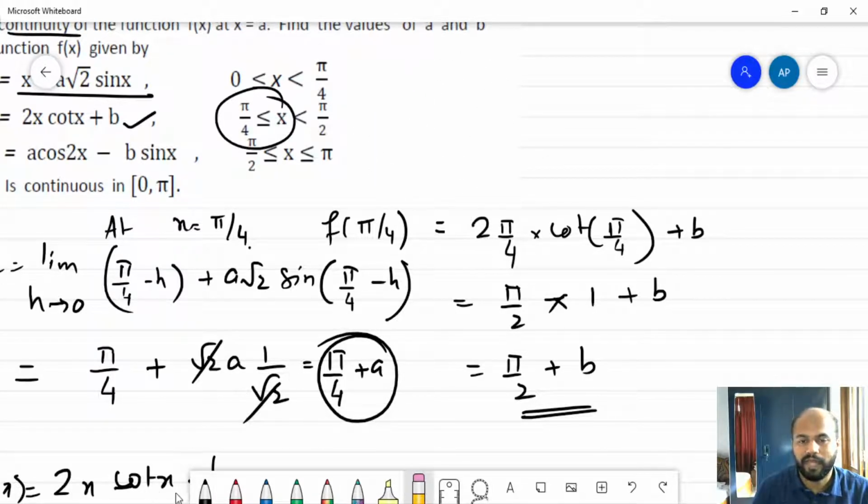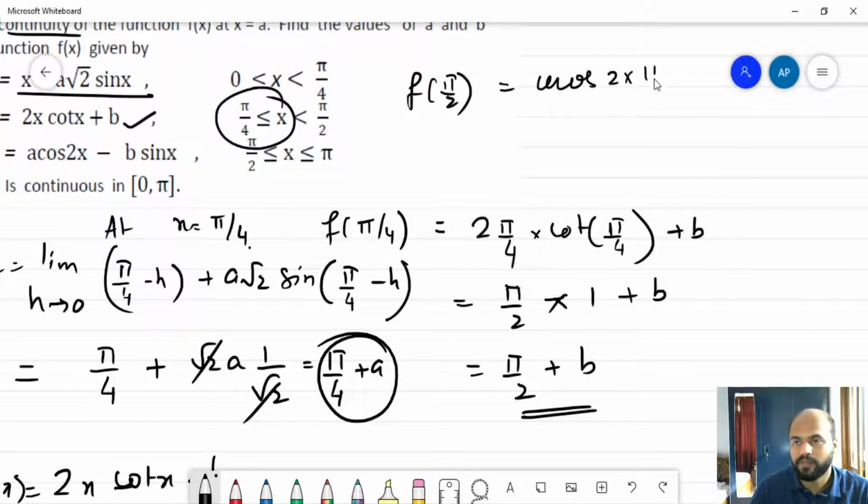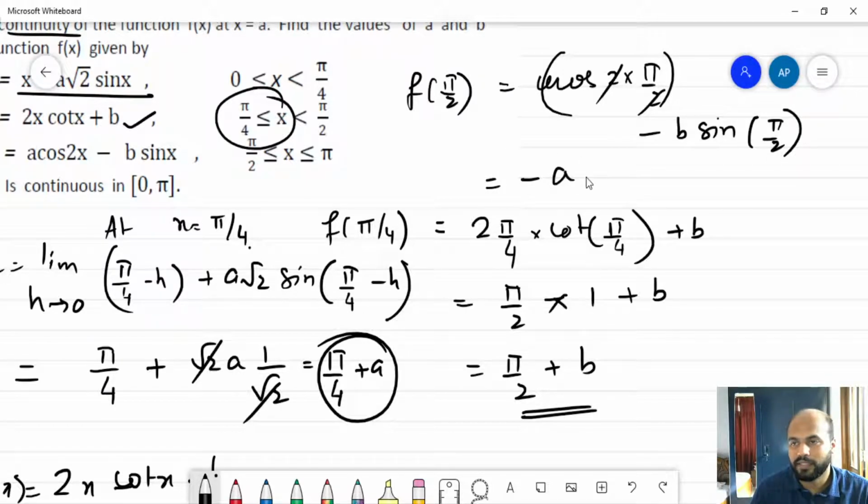So firstly we'll calculate f of pi by 2. F of pi by 2 is going to be nothing but a cos 2 times pi by 2, that is a cos pi, minus b sin pi by 2. It's going to be minus a minus b.